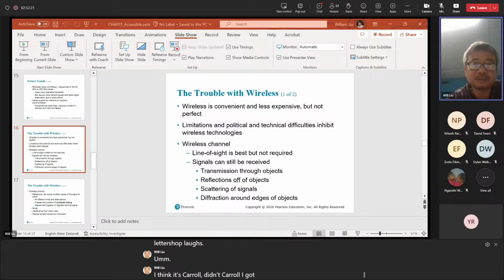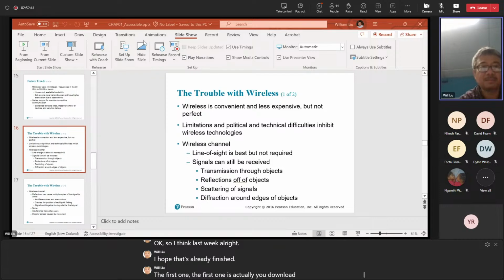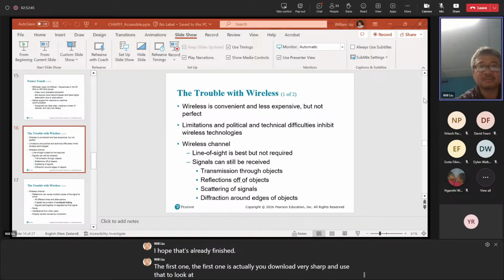I can share this in Kurose. Very Sharp lab. I hope you've already finished the first one. The first one is where you download Wireshark and use it to look at some website and see what is actually going on there.